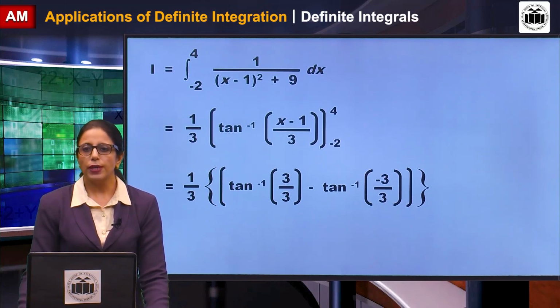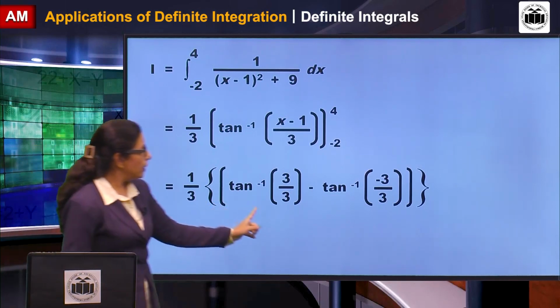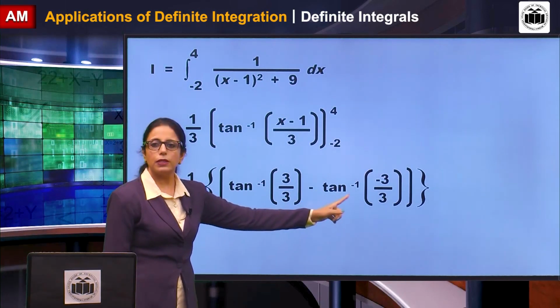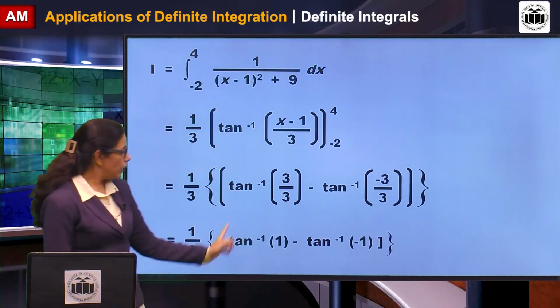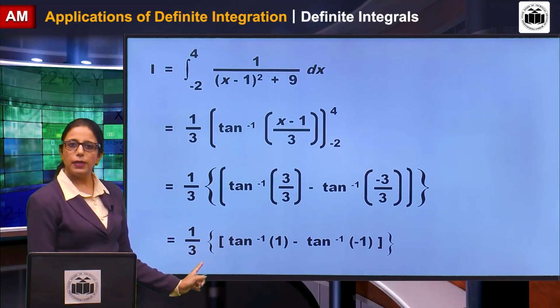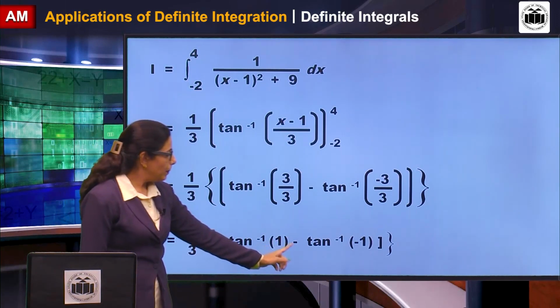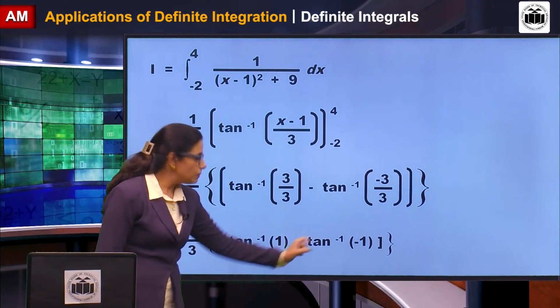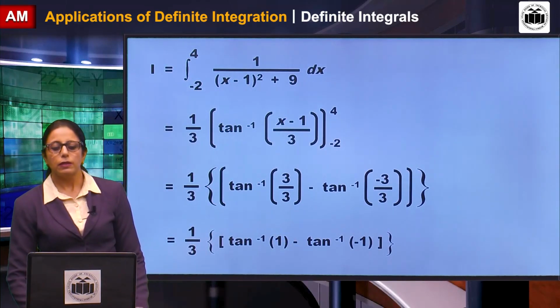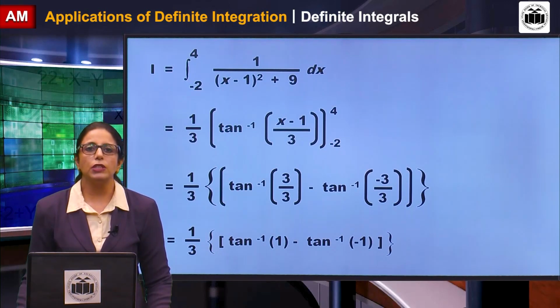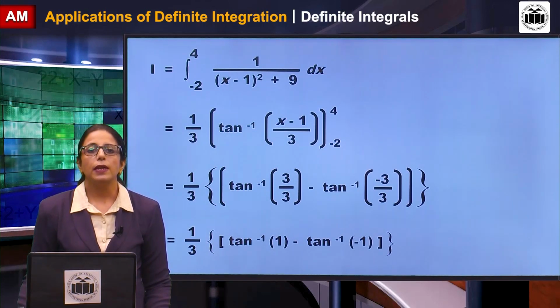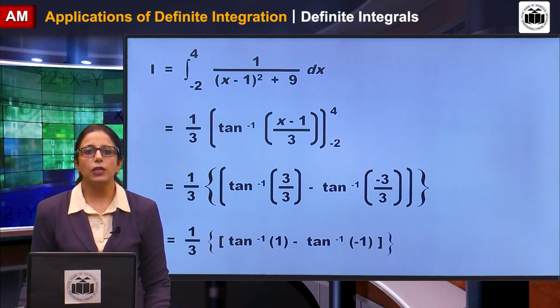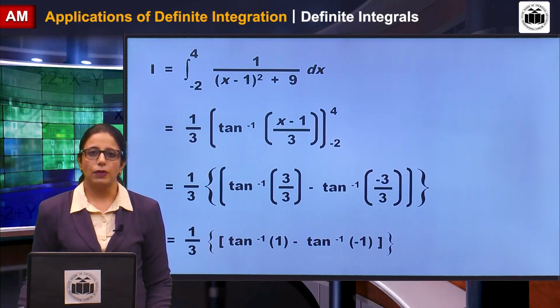So basically what we are getting is tan inverse 1 minus tan inverse minus 1. Here you are. See, 1 by 3 into (tan inverse 1 minus tan inverse minus 1). Again for tan inverse minus 1, we will be using the property again. Which is that property, students? Tan inverse minus x is equal to minus tan inverse x.